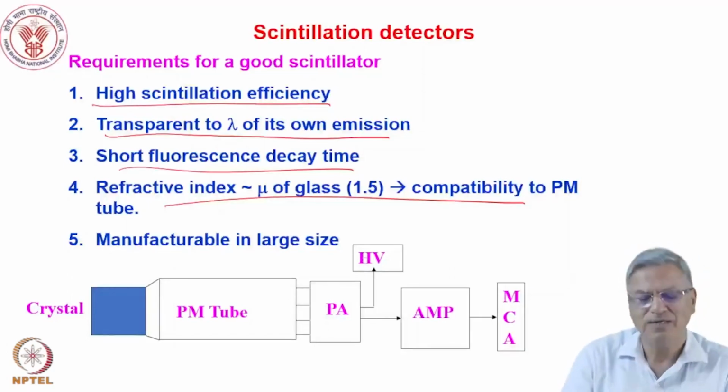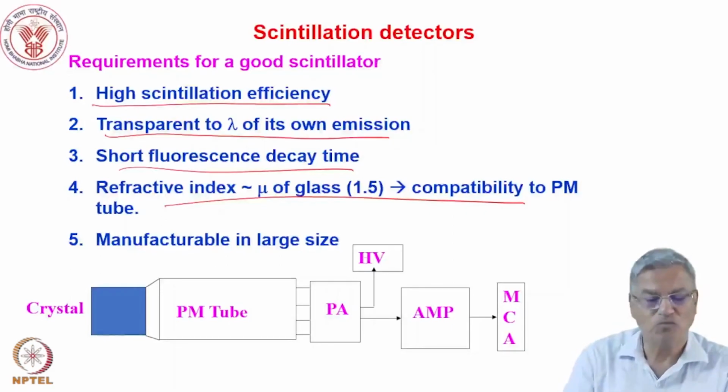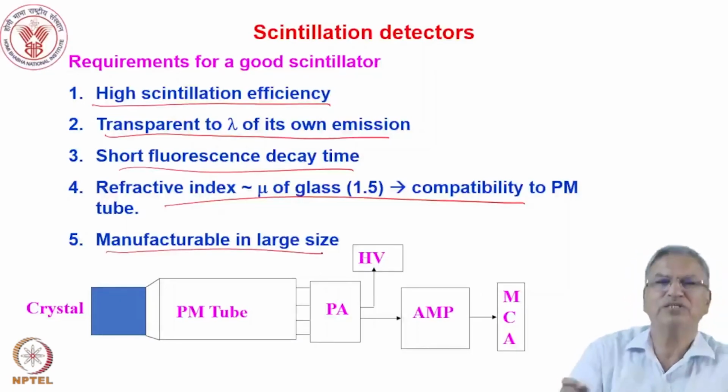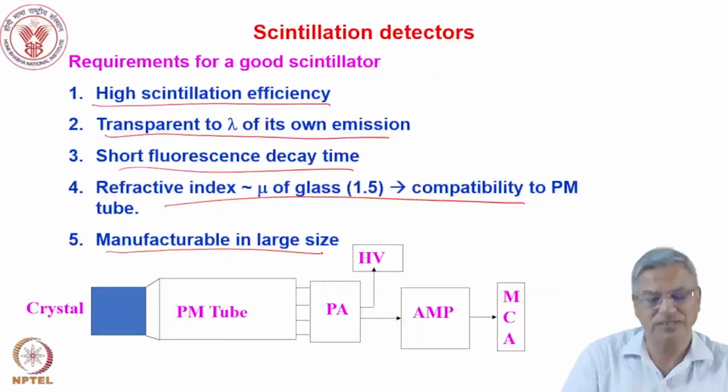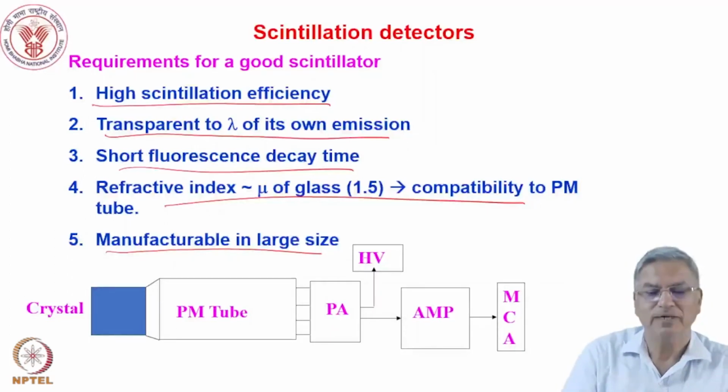So in general, for a normal PMT, a glass window is used, and so the refractive index of the crystal should be of the order of 1.5. And lastly, it should be possible to manufacture these crystals in large sizes. So all of them are important requirements for a material to be used as a scintillator.